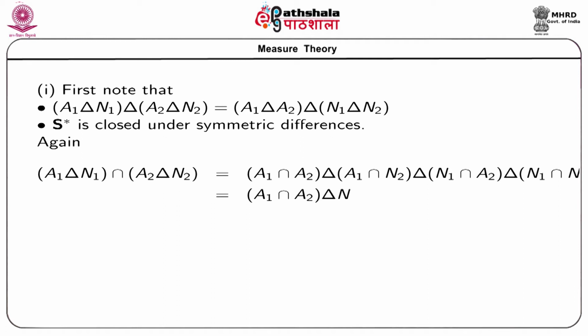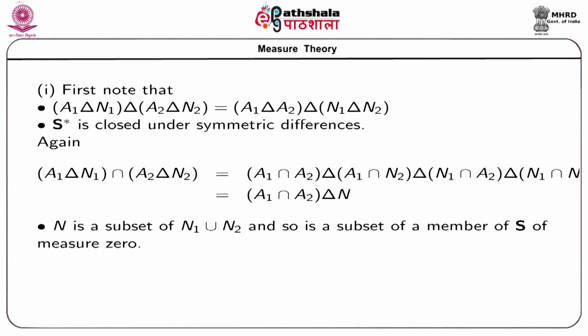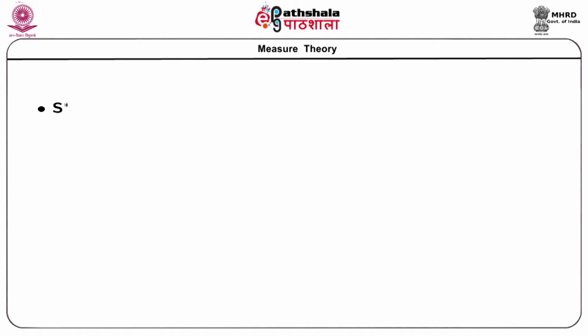So, this set is of the form A1 intersection A2 delta n, where the set n is evidently a subset of N1 union N2, and so is a subset of a member of S which has measure 0. So, this shows that S star contains finite intersections also.